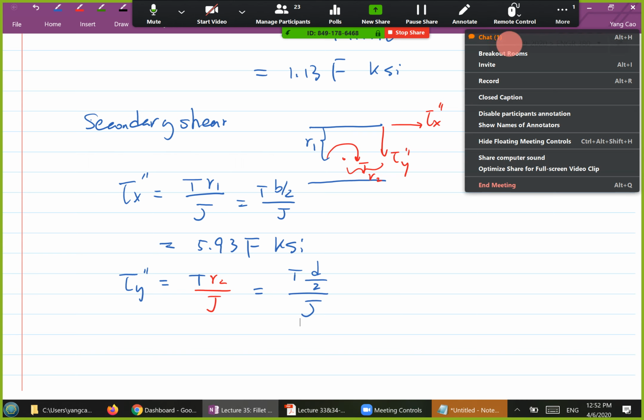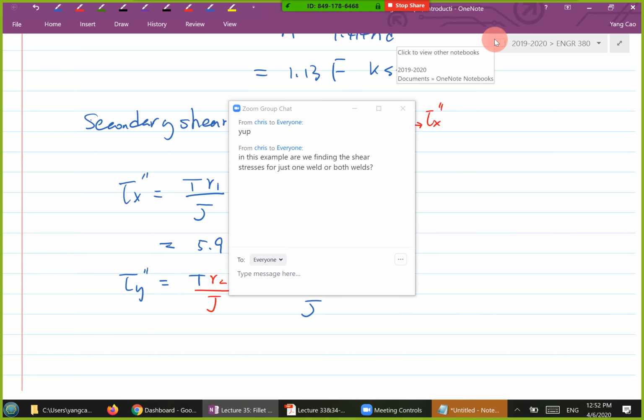Let me see, there's a question in here. You're finding the shear stress at the critical location for the weld group.